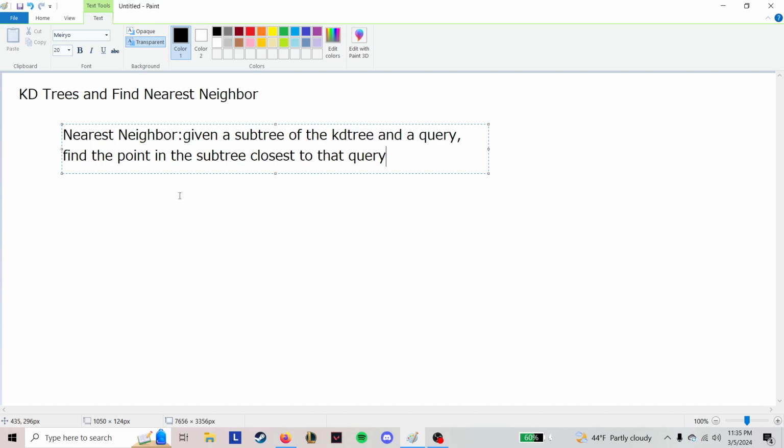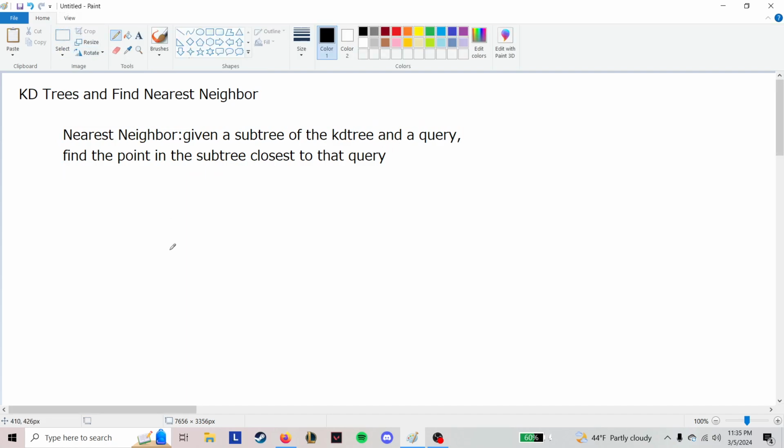So let's say, for the sake of argument, that we have a point in the KD tree here. This is going to be our subtree, and let's say the subtree in the KD tree was split on the x dimension.